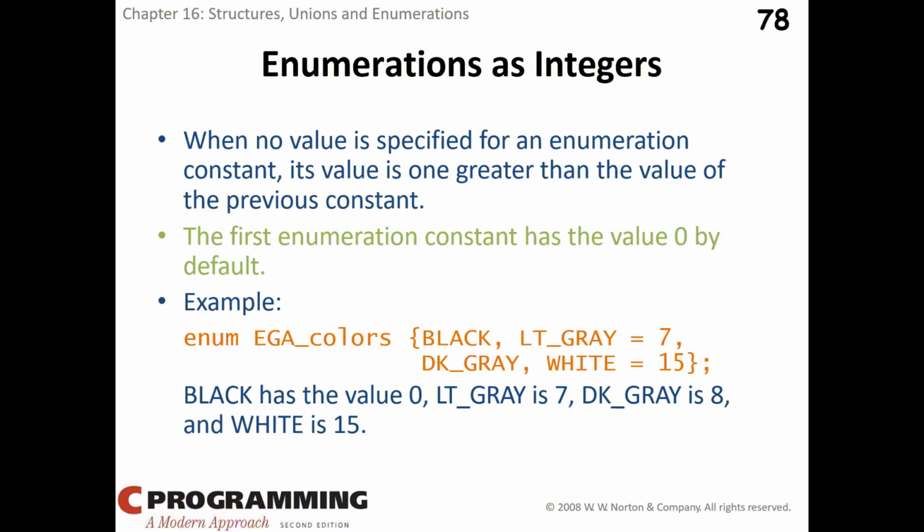Dark gray, or DK gray, automatically gets assigned 8, which is 1 greater than light gray, and white is explicitly assigned 15.